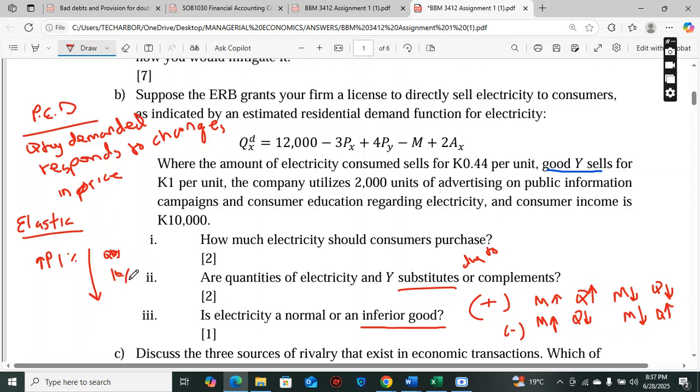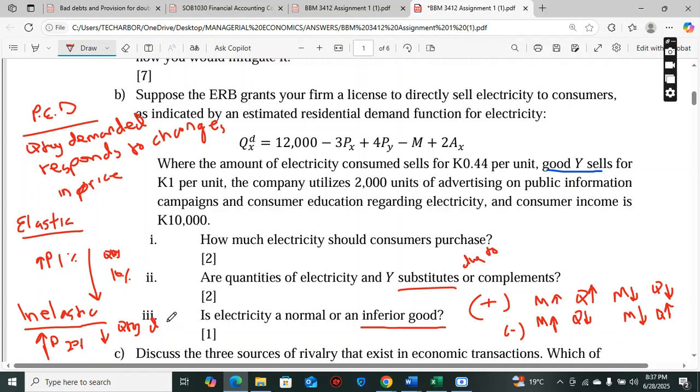Then when we say demand is inelastic, we're saying it is not sensitive, or there's no big response by quantity demanded. So for example, for inelastic, you can increase the price by 20%, but you find quantity demanded will just drop by 5%.